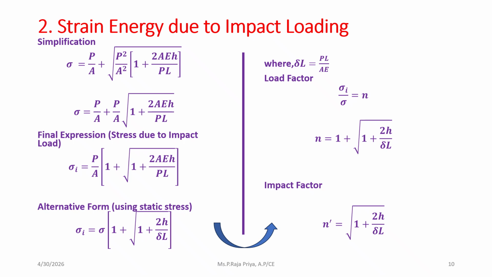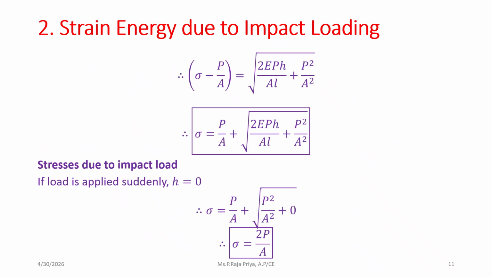We are taking this term to be n, and this term is called the impact factor, which is denoted by n dash, which is root of 1 plus 2h by delta L. From the equation derived in the previous steps, sigma minus P by A equal to root of; if we take P by A to the other side, we get this equation.